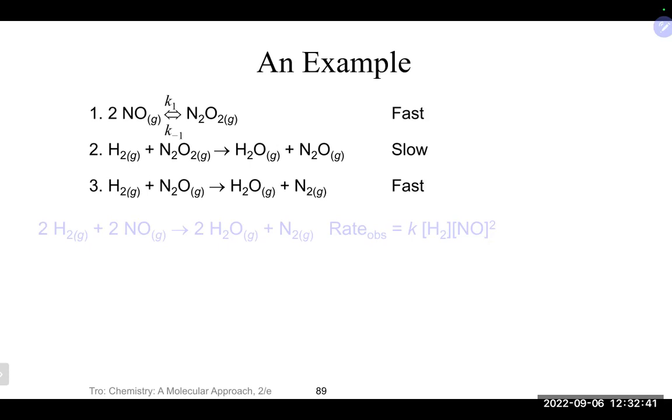Once again here, we want to answer two questions. The first question is, does adding up all the steps here give us the overall reaction we're looking for? And we could also think about the rate determining step in that. So this is the overall reaction here that was given to us.